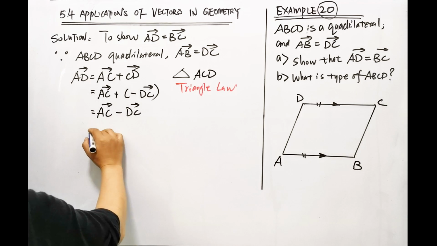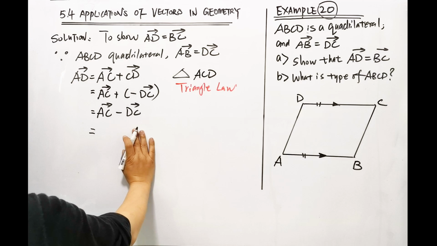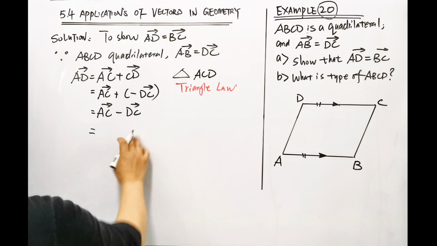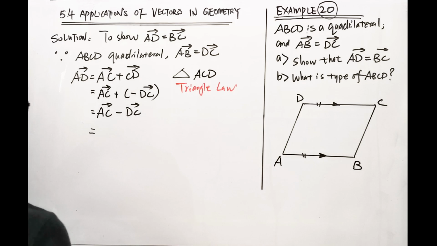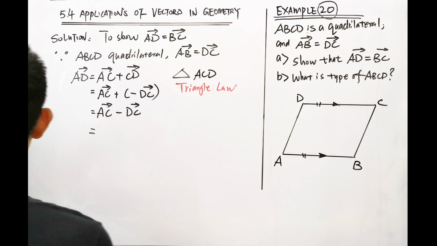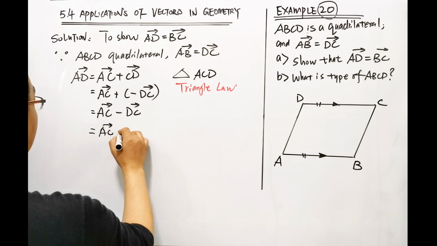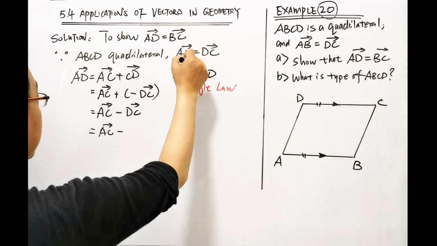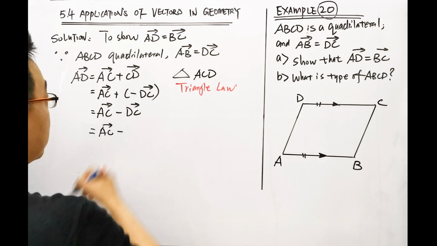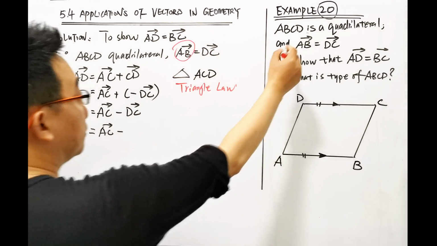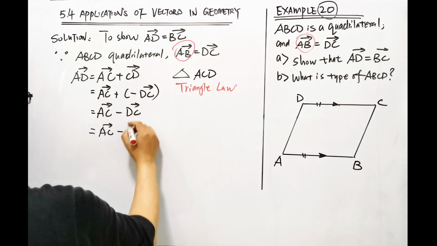And we also know that AC plus DC equals AD, AB, right? We just bring this here.